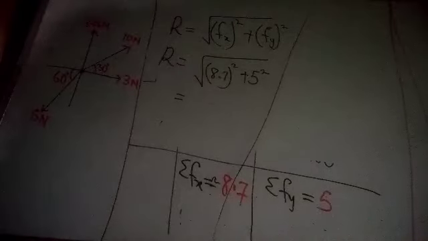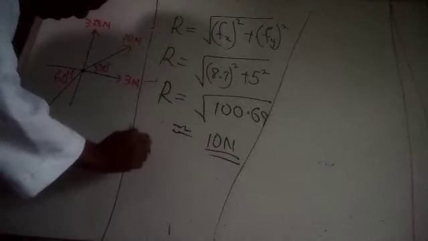That will be 8.7 all squared plus 5 squared. So let's see what we get. All right. So the resultant is approximately 10, because square root of 100.69 is 10 point something very small. So we approximated to a whole number.